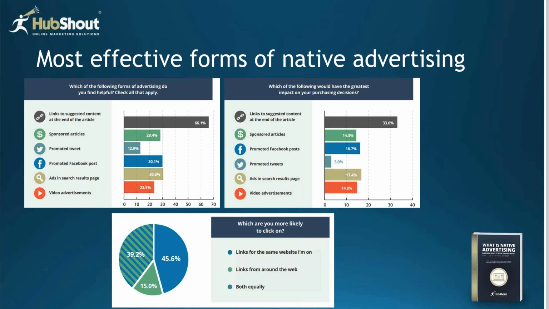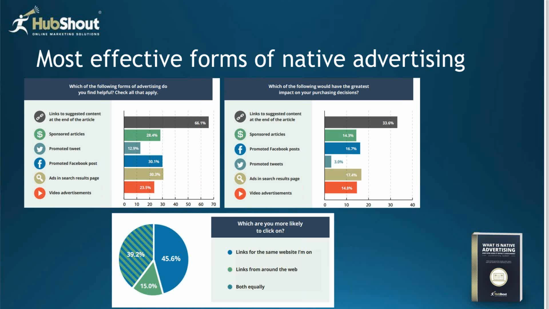At the bottom here, another interesting stat is: which are you more likely to click on? This gets back to the Outbrain widget, where part of those links led away from the website and part stayed on the website. Clearly, when you looked at all three of these individual categories independently, people want to stay.